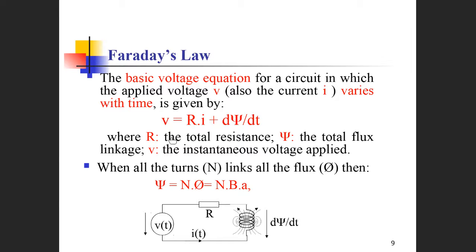So this is the general voltage equation for all electric circuits. For all electric circuits, the complete induction is like this. For a DC circuit, because the voltage and current do not change with time, this term disappears.